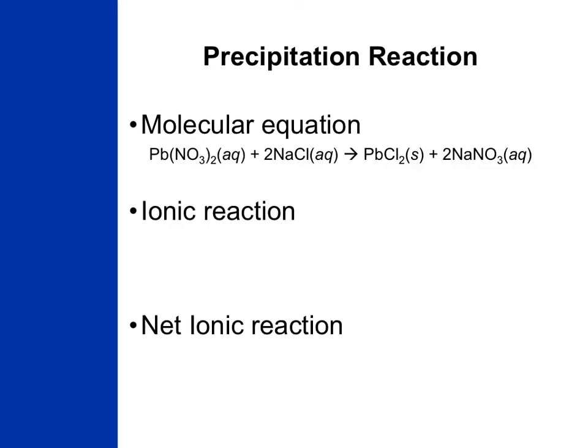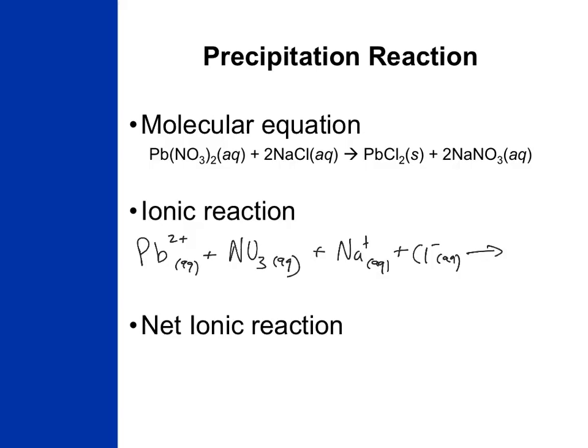We know that the lead-2 nitrate will break apart and you'll form lead plus 2 plus the nitrate ion, NO3. These are, of course, aqueous in solution. The sodium chloride, we know, is also going to break apart into its various ions, so we'll just go ahead and list those out.